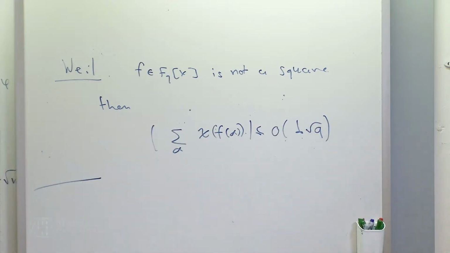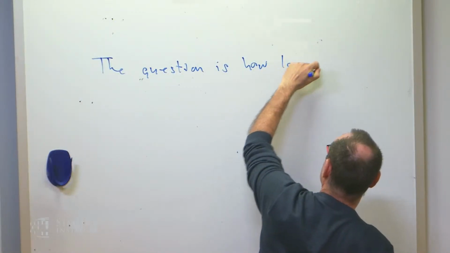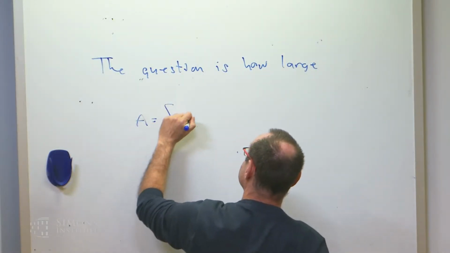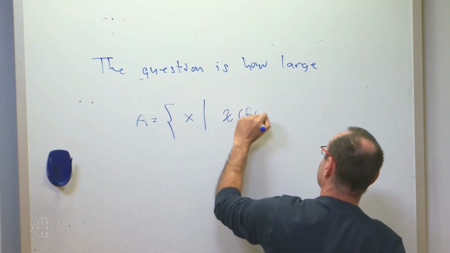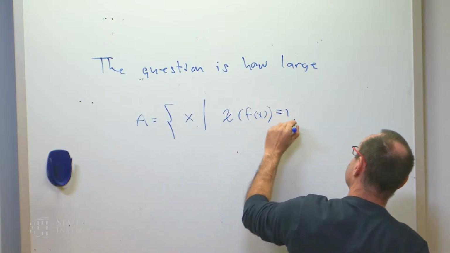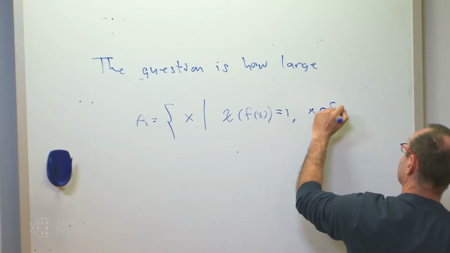And then he had a very simple idea. He actually proved it, you know how? He proved it with a polynomial method. So he said, okay, what is really the question? The question is, how large is the set A of all elements x such that the character of f of x is 1 and x is in F_q.